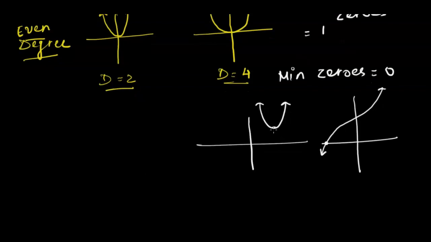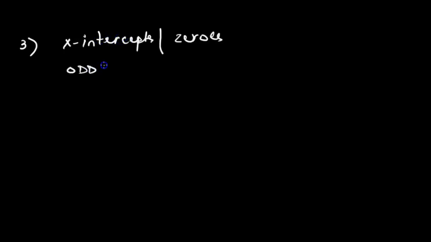So we notice here that the minimum x-intercept for an even degree function can be 0, whereas the minimum x-intercept for an odd degree function has to be 1. So we can conclude here, when it comes to x-intercepts or zeros, odd functions are always going to have a minimum of 1 zero. Maximum zeros or maximum x-intercepts is always equal to the degree, and degree is represented with n.